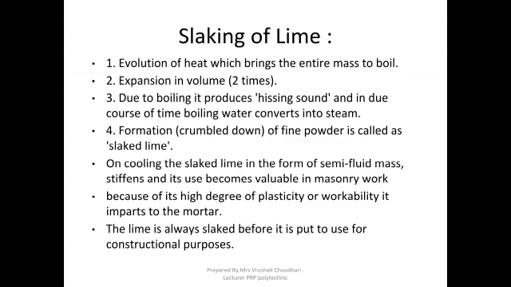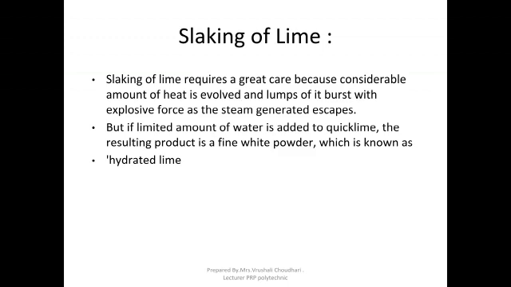For making plaster in your household, we use lime to get a smoother finish. Slaking of lime requires great care, because when we add water, a lot of heat is evolved, bursting takes place, and a lot of steam is generated. Due to that, we add only a limited quantity of water to the quicklime, and the resulting product is a fine white powder which is not completely slaked.